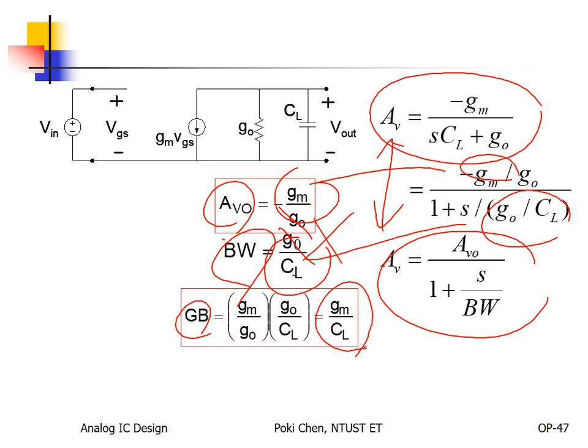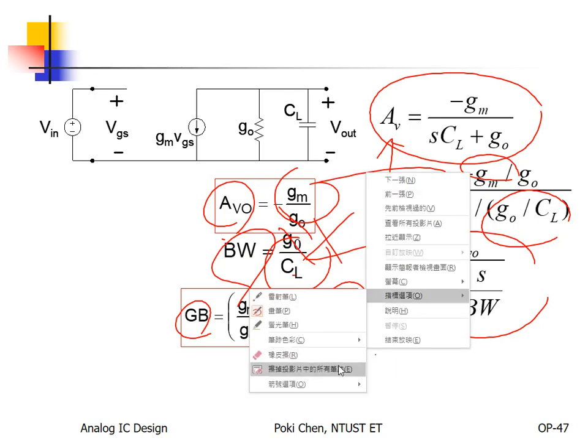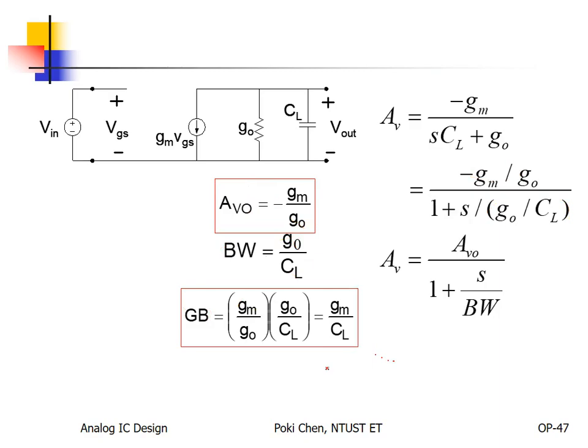Again, moments ago, in the morning, I told you how to enlarge your gain. Usually, the cheapest way is to increase your output resistance. It means to reduce your output conductance, right? By that, you can increase your DC gain, but at the same time, you will decrease your bandwidth.